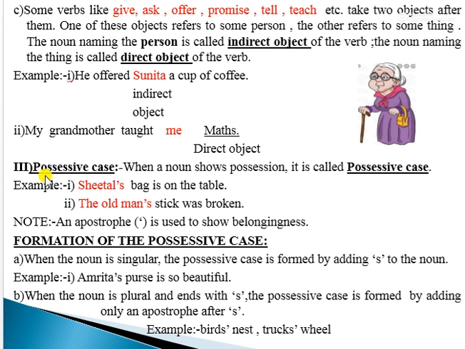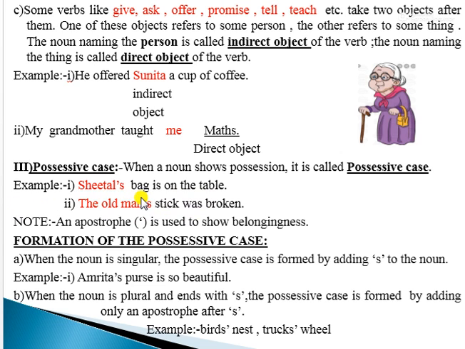Our third case, possessive case. When a noun shows possession, it is called possessive case. For example, number 1, Sheetal's bag is on the table. Number 2, the old man's stick was broken. Here, in these sentences, we see Sheetal's bag.